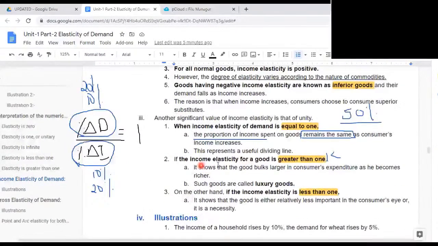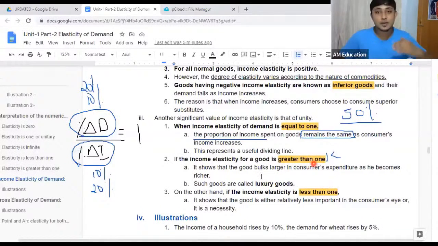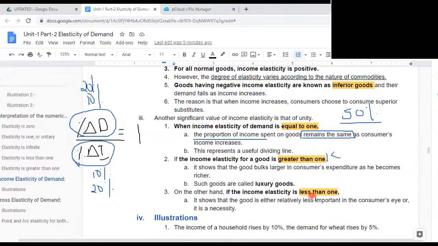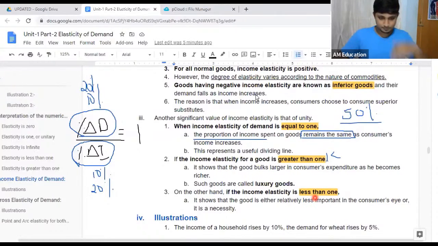So if the income elasticity is greater than 1, that means the proportion of income spent also will increase, right? And if the income elasticity is less than 1, the proportion of income spent will decrease. So what are we talking about here?